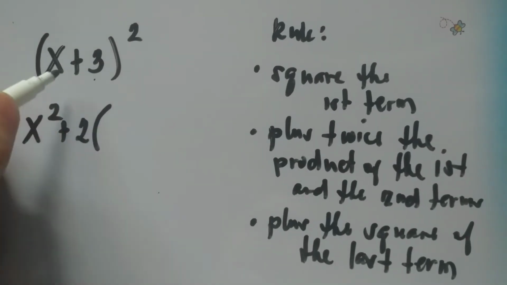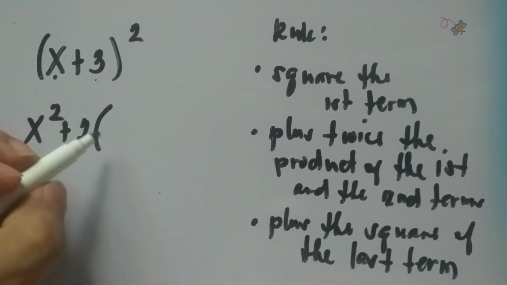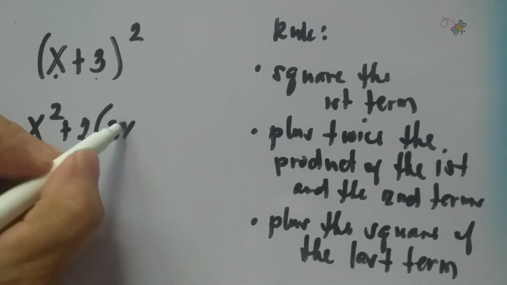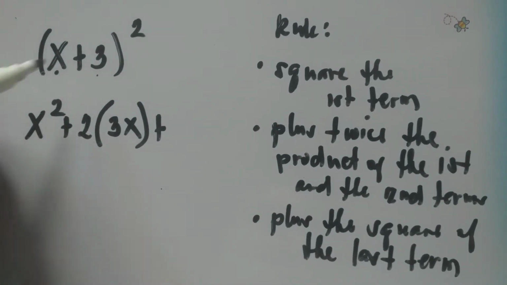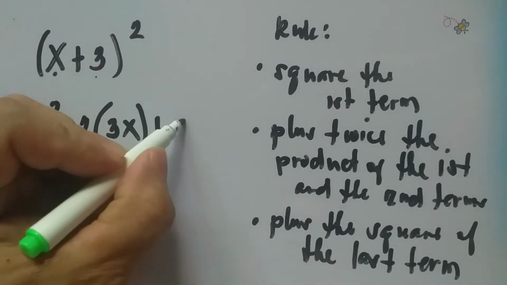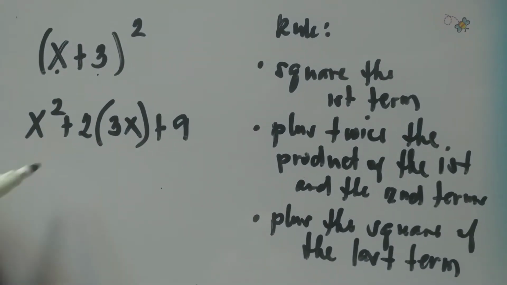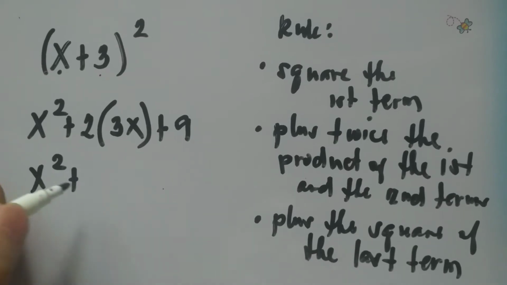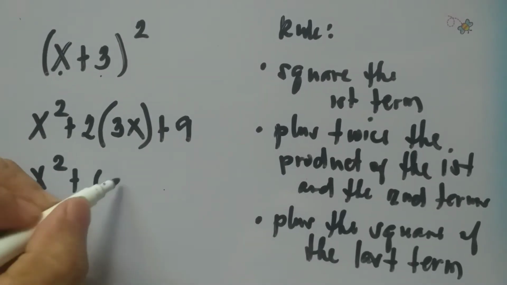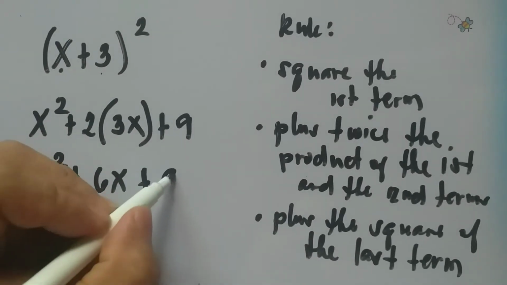So 3 times x, or x times 3 is 3x, plus the square of the last term. 3 squared is 9. Simplifying, we have x squared plus 2 times 3x is 6x plus 9.